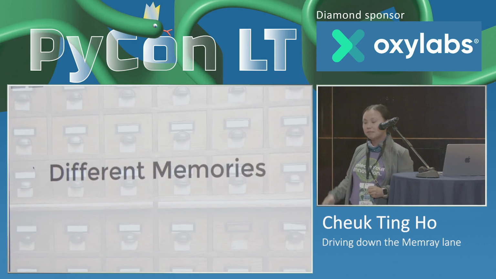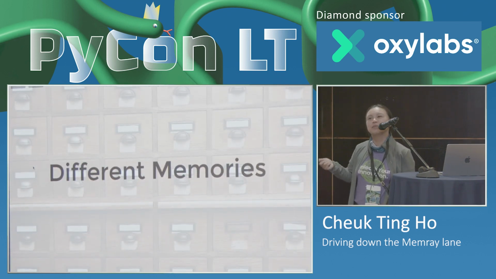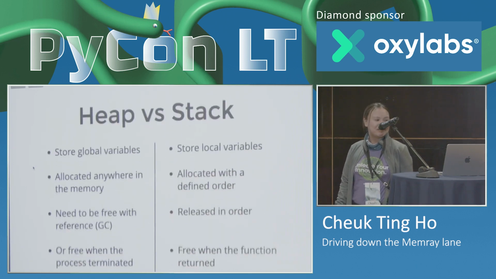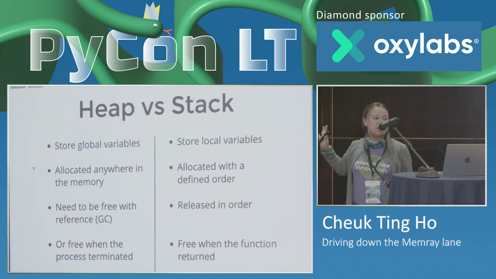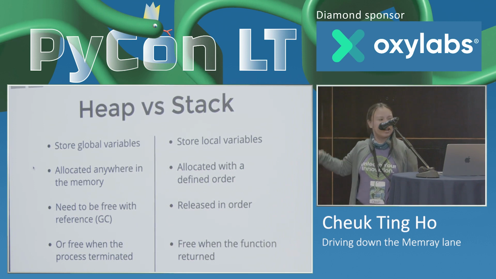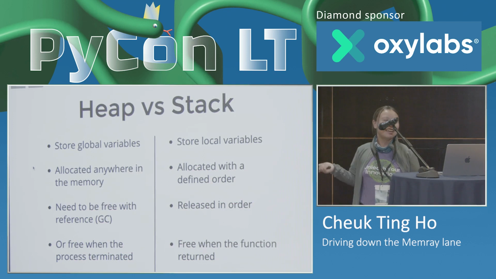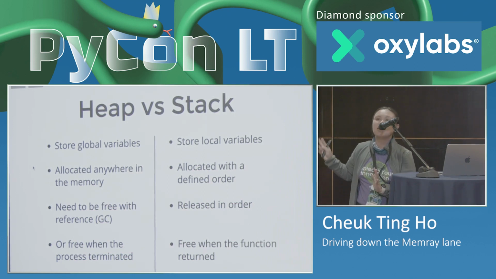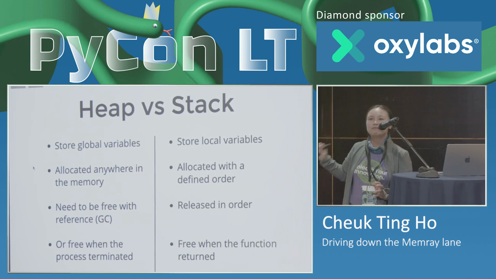So, different memories. Again, this is for people who may not be very aware of the topic before. I just want to make sure everybody is on the same page. We have something called heap memory and stack memory. What are these? It sounds cool. A lot of times you just call it the heap. It will be stored in the heap. It's basically a space where you can put things anywhere.